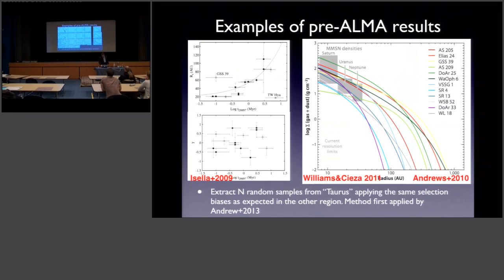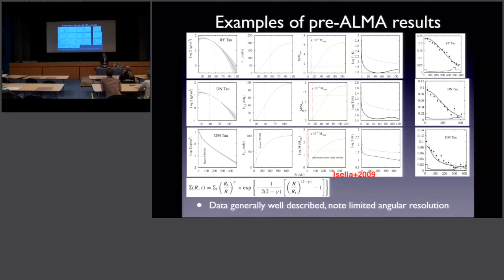Okay, but again, remember that this line here is your angular resolution. Okay, I didn't say this. This is the angular resolution of your observation. So essentially, you are not resolving this part of the disk. You are fitting this part of the disk, and you are extrapolating using your formula into the inner disk. Okay, that's an important point.